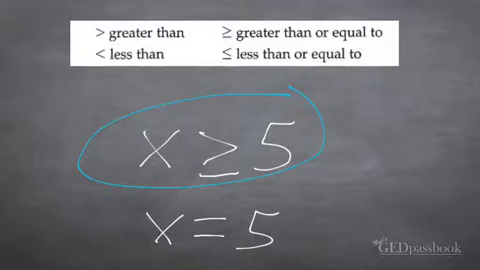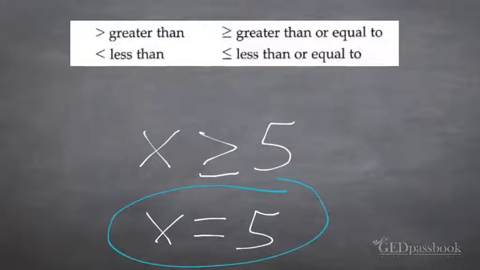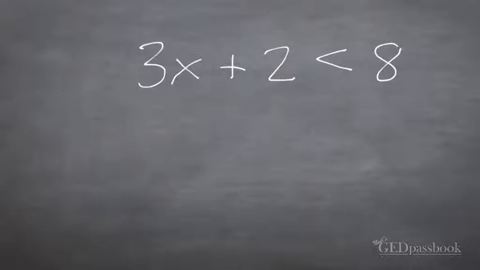Which means X could be 5, 6, 7, 8, or any number above, any decimal too. This one over here is saying, hey, X is 5. X equals 5, right? These are 2 different meanings. But when given expressions like these, you solve them the same way. There's a little difference, which I'm going to show you in the next example.